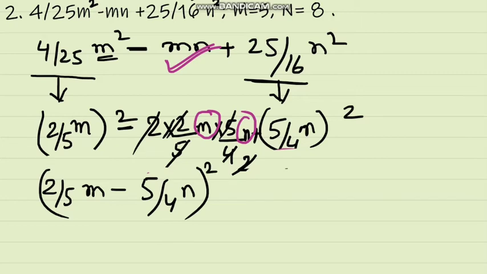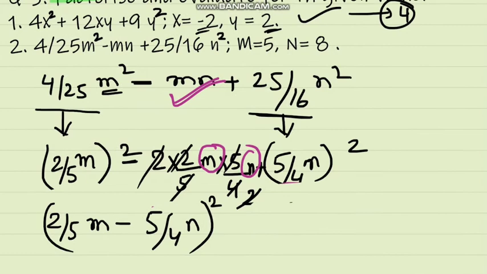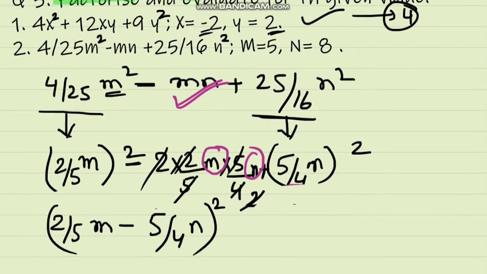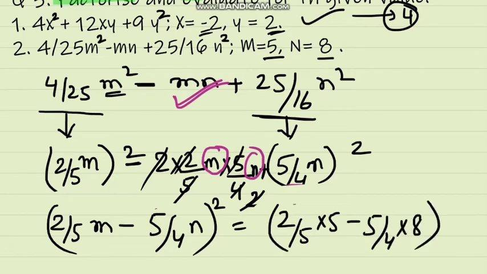Now what are the values given for m and n? If you see properly, the values are given. m is equal to 5 and n is equal to 8. So put the value of m and n. 2 by 5 into 5 minus 5 by 4 into 8 whole square. Now see nicely, this 5 and this 5 get cancelled. 4 ones are 4 and 4 twos are 8.